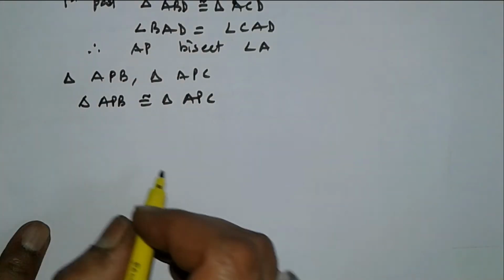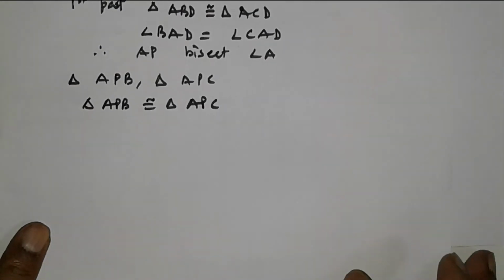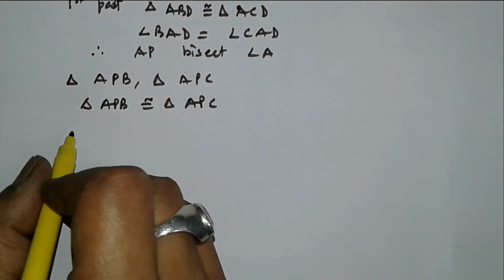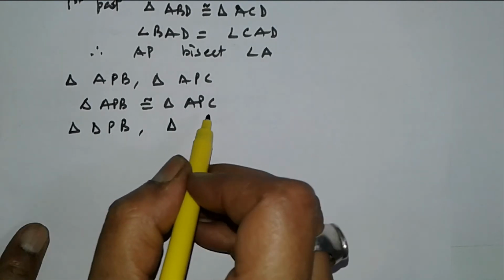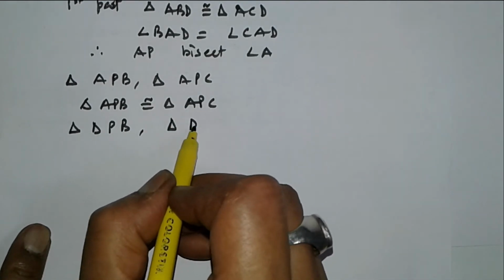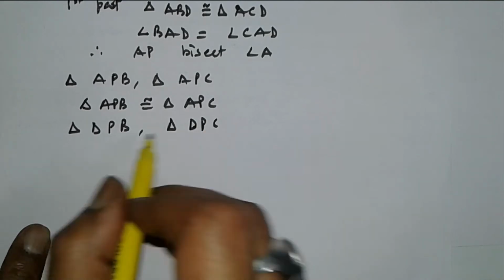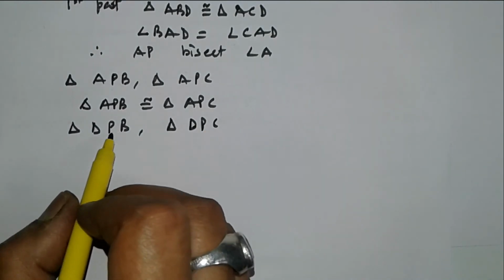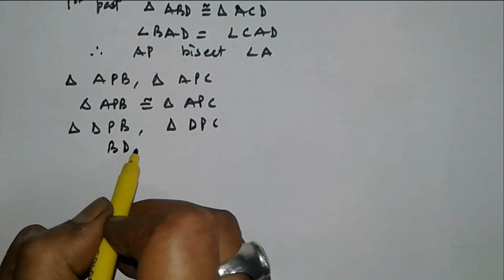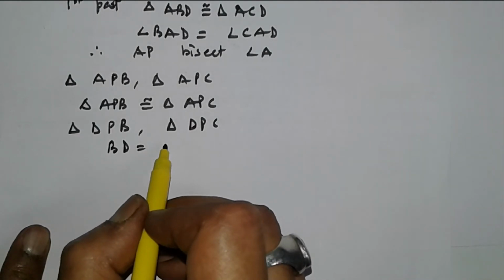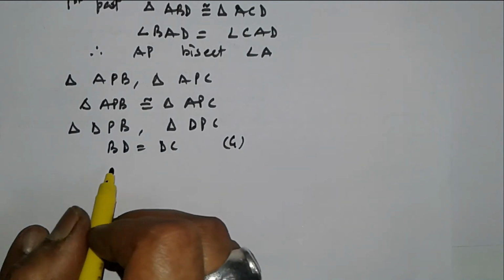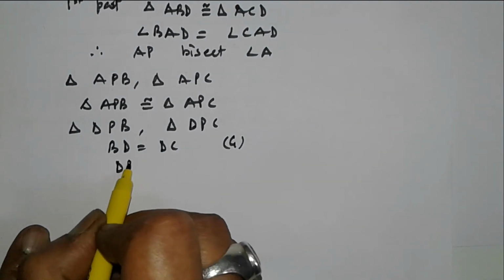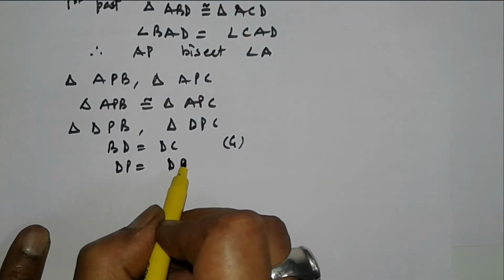Now we'll take triangle DPB and triangle DPC. In these triangles BD is equal to DC, it is given, and DP is equal to DP, common side.